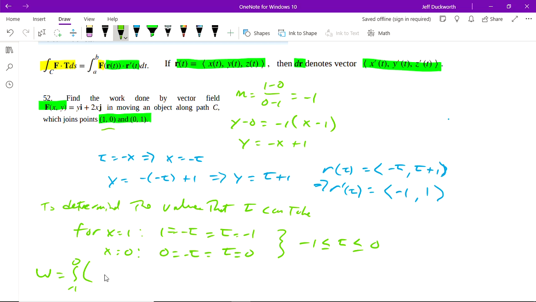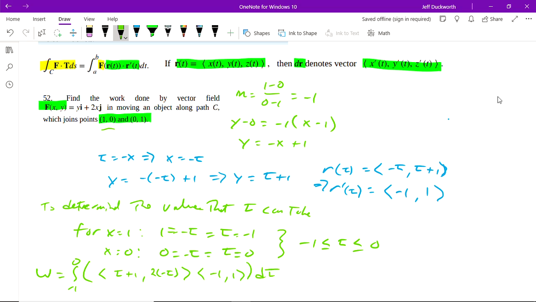All right, so we've got t plus 1. And then we've got 2x for our j component. So x is negative t, so that's 2 times negative t. And then we need r prime of t. r prime of t is (negative 1, 1). All of that dt. So that should be how we have it set up.